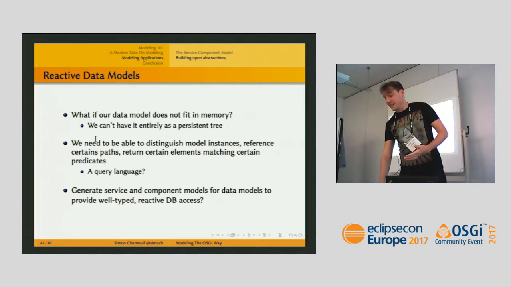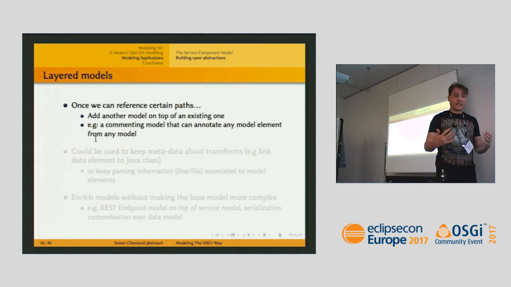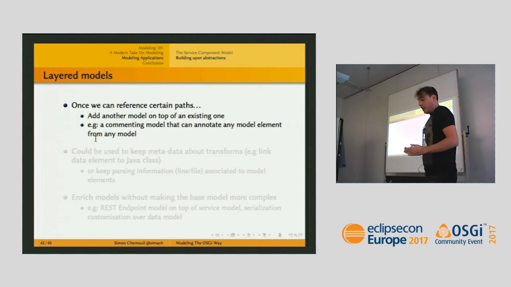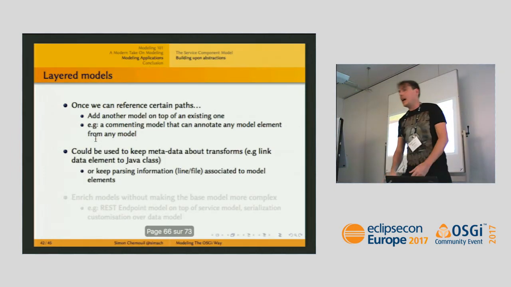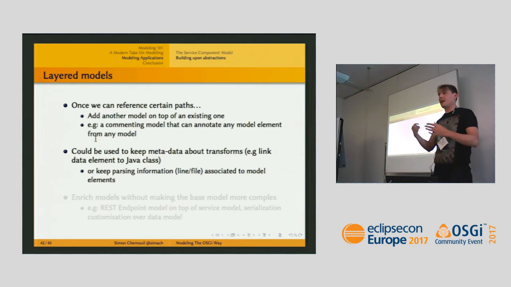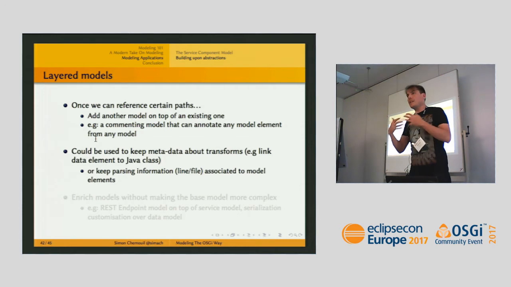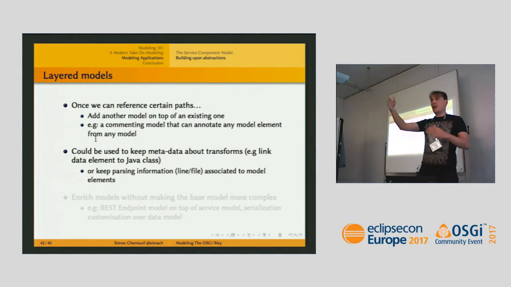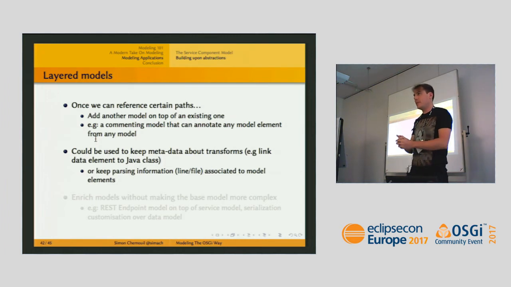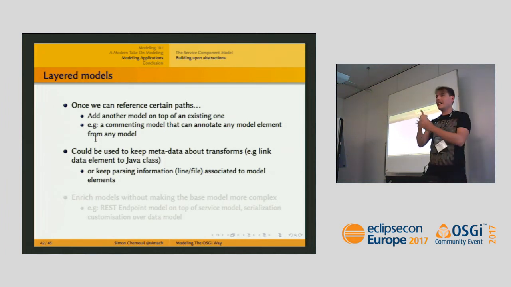Another thing that is interesting, I believe, is how we can layer models on top of each other. If we can reference where an element is, I would like, for instance, when I'm reading the source file of my type definition, it generates an instance in Java of those classes, but they don't have any information about where the lines are.